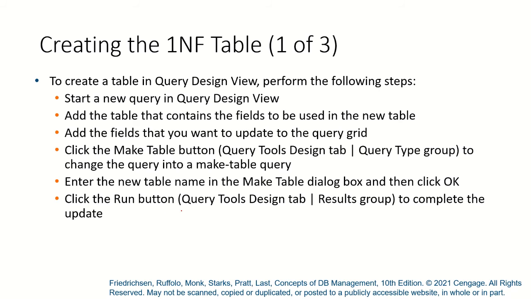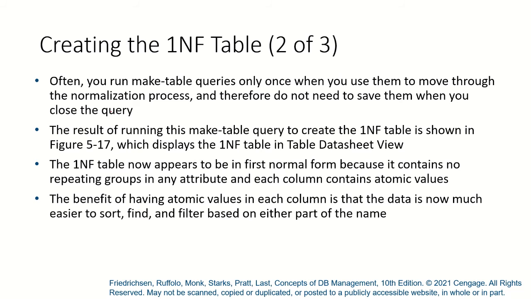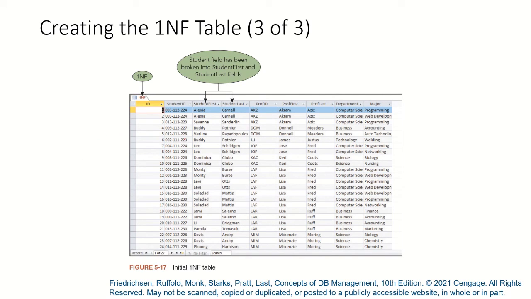Click the Run button to complete the update. You often run make table queries only once when you use them to move through the normalization process, so you do not need to save them when you close the query.